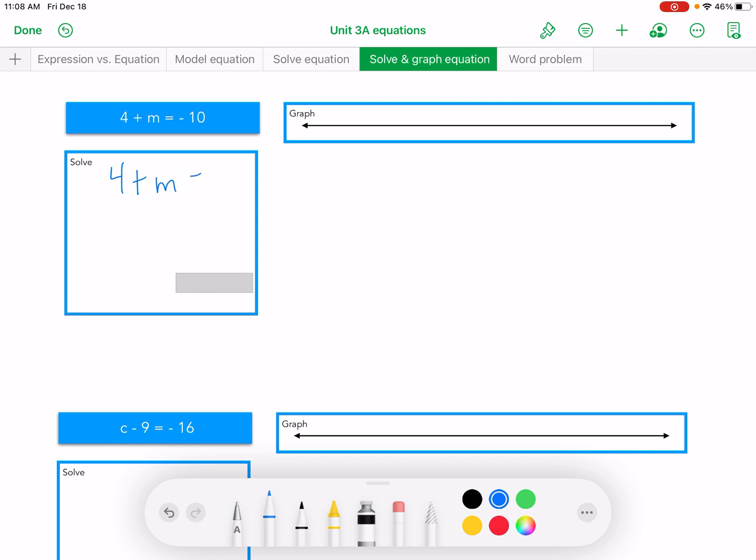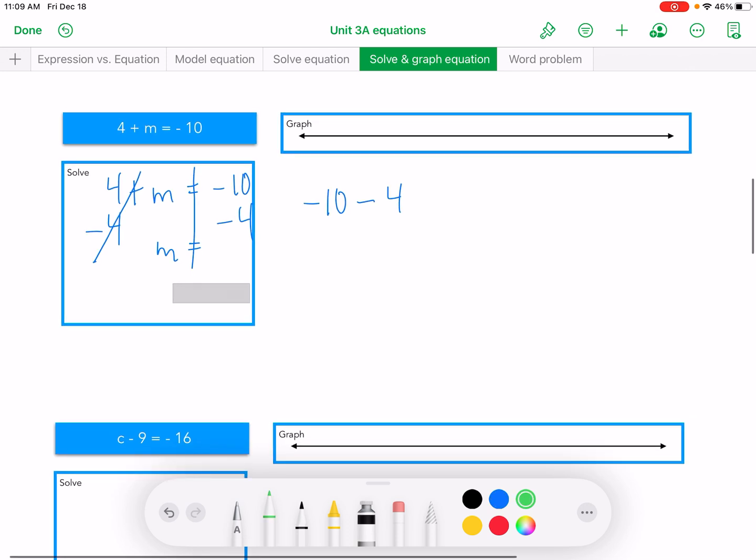4 plus m is equal to negative 10. I have a positive 4, so I'm going to subtract 4 from both sides of my equation. M is equal to negative 10 minus 4. Keep, add the opposite. So that's going to be a negative 14.